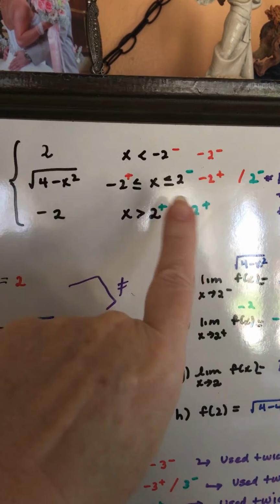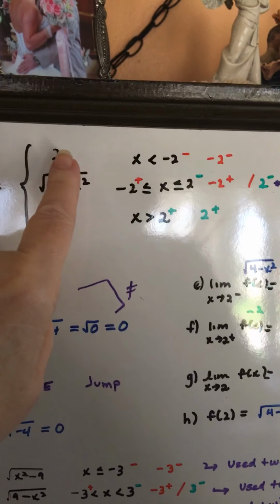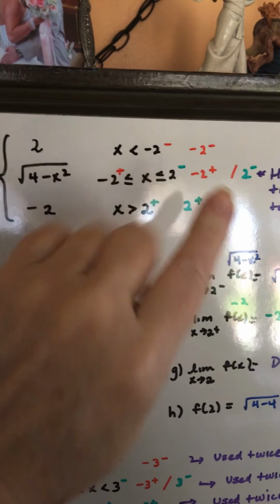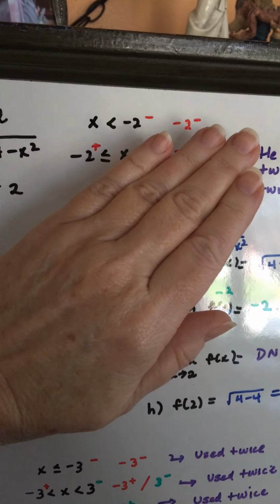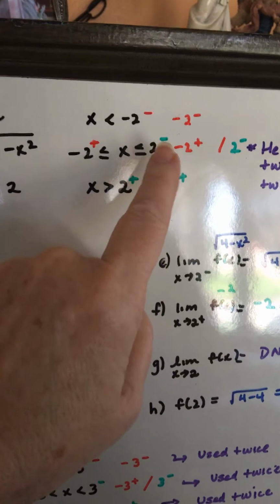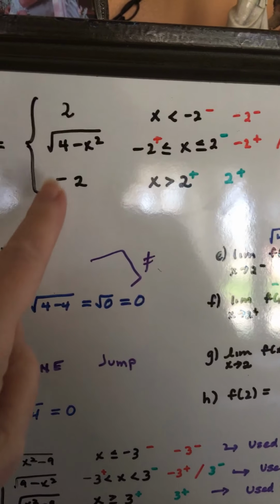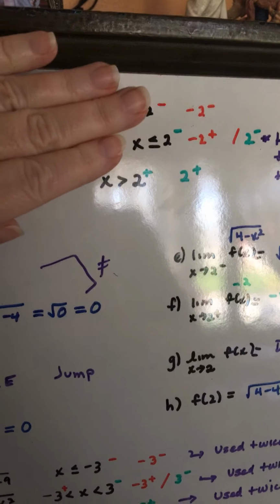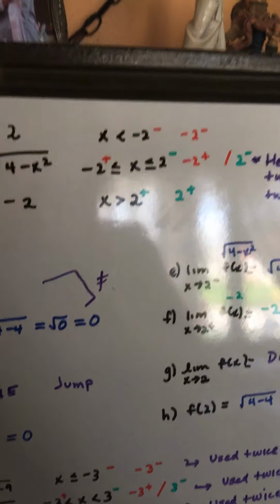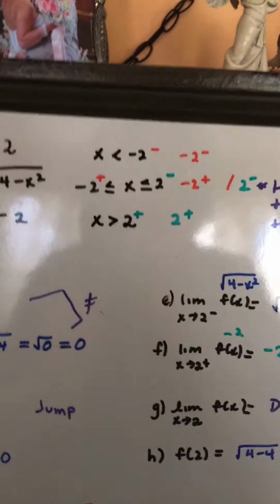Problem 1 involves -2 and the square root of 4 minus x squared. So here's problem 1. We have a left side and we have a right side. Problem 2 involves 2. Here's 2's left side, here's 2's right side. So here is problem 2. So it's 2 for the price of 1.